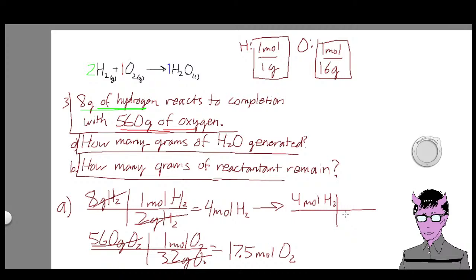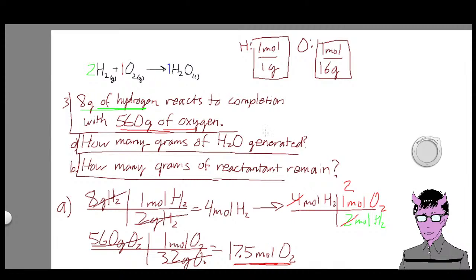Go to your recipe. It's going to be 2 of those to use one of those. So we'll cancel, cancel. That means that you need 2 moles worth of oxygen, and we have more than 2 moles worth of oxygen. So this one is an excessive amount of oxygen.